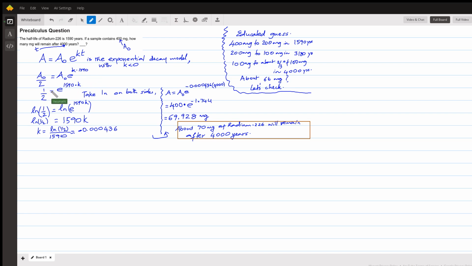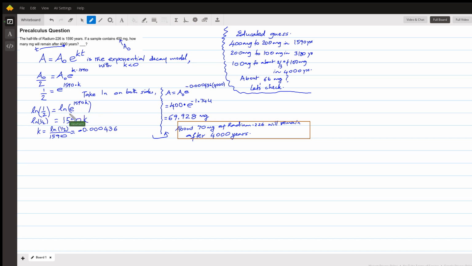So now we have 1 half equals e to the power 1590 multiplied by k. We have to solve for k. So since we have this e, let's take natural log. That's log to base e, which is written as ln, natural log. So taking natural log on both sides, natural log of 1 half equals natural log of e to the power 1590k.